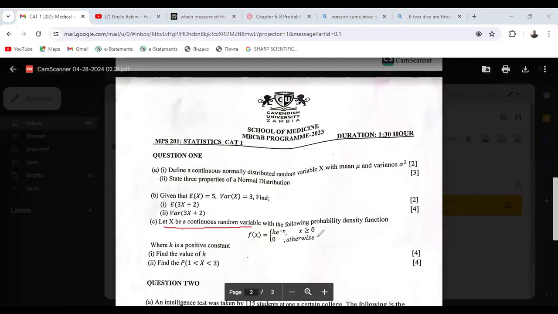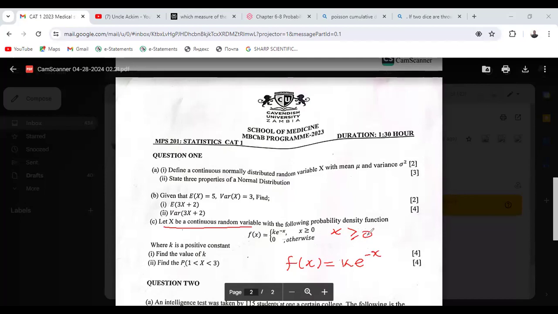So we have two functions. When x is greater than 0, the PDF is k e to the power negative x. That's the function to work with.